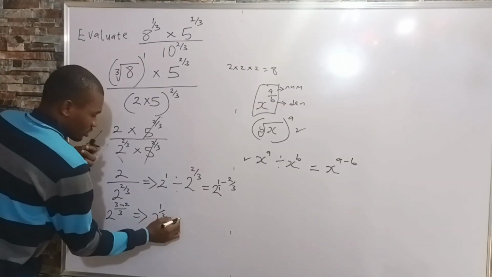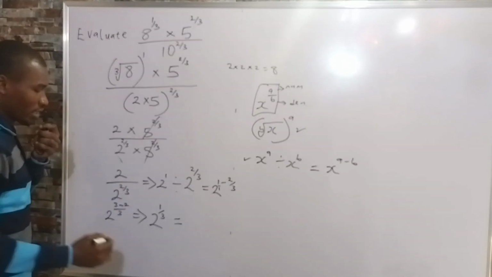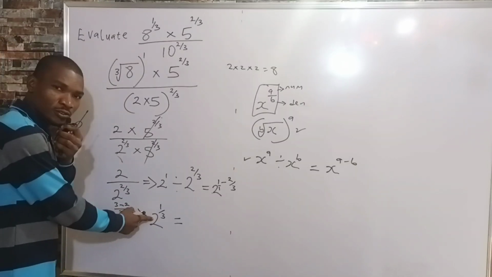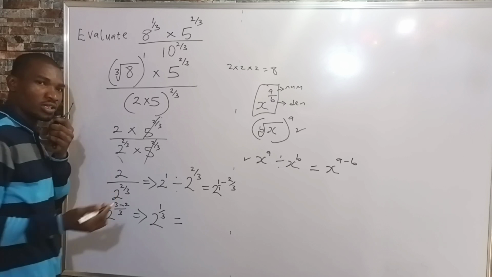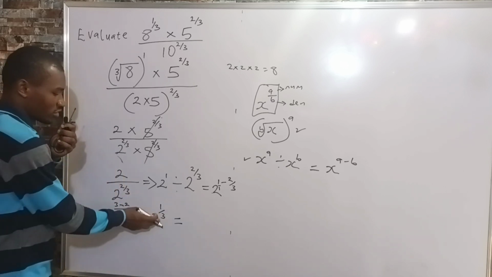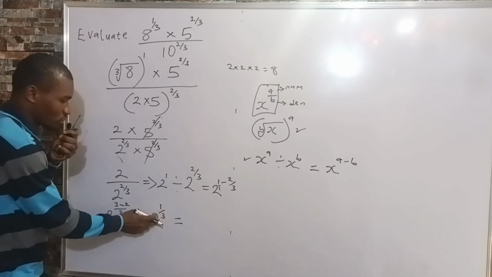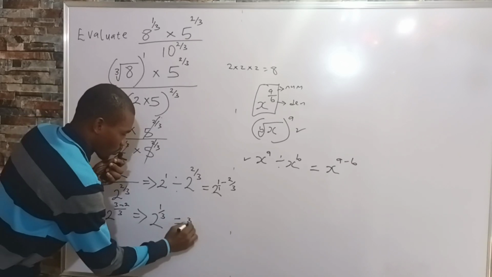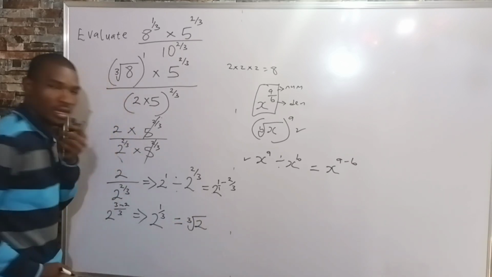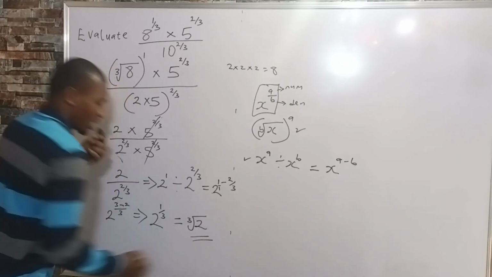Sometimes for your JAMB or WAEC, you might not leave your answer in this form. Or if it's a question that has options, you may not see your answer in this form. You can still reduce this by saying cube root of 2. That's the final answer.